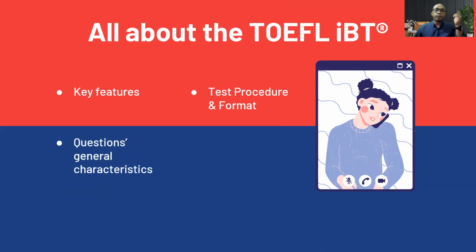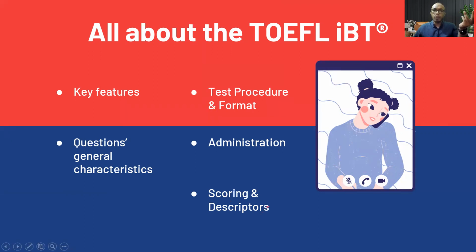And then, of course, we will learn and study the characteristics of the questions and how they run the tests administratively. And finally, what's the score like? What's the score range? And what will the score mean? Which is what the descriptors refer to.